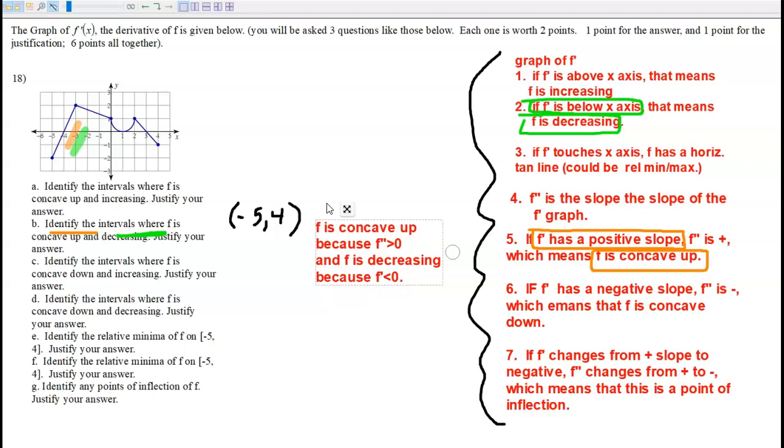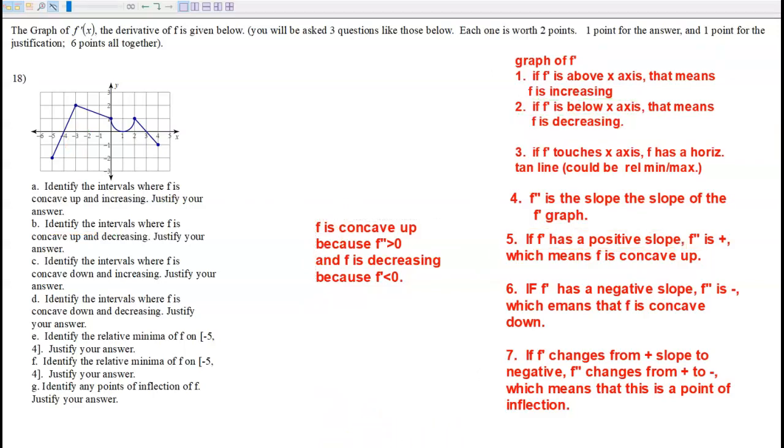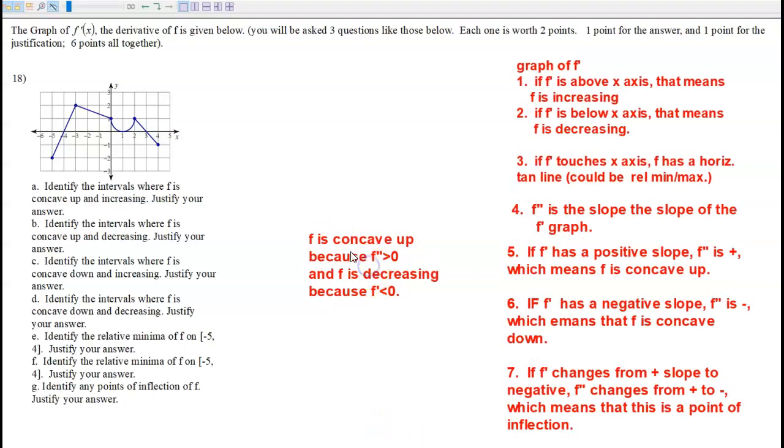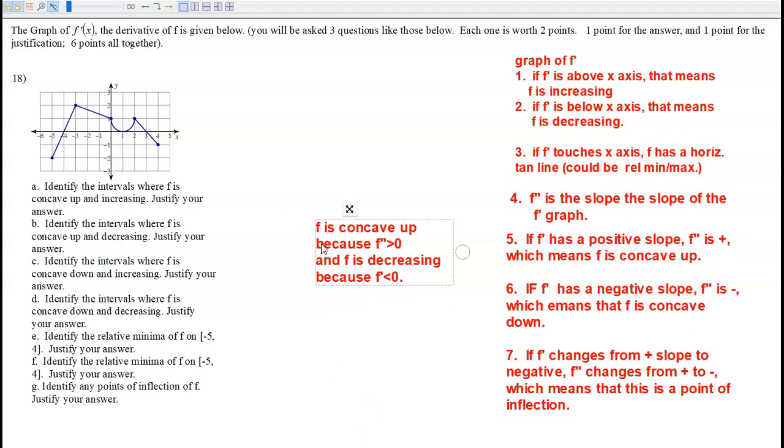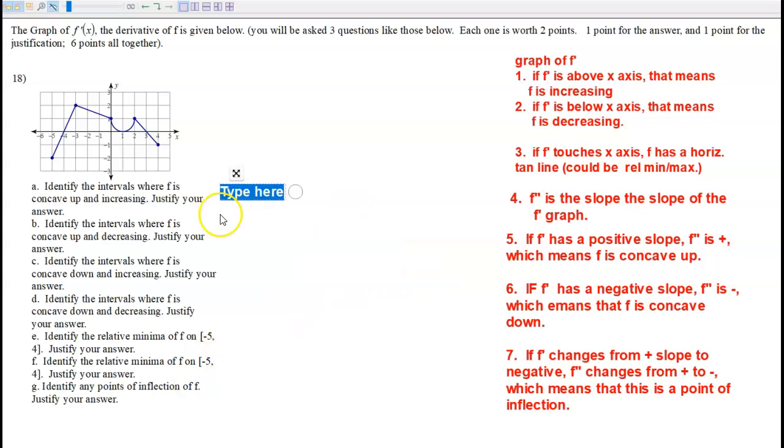Okay. So if we go back now to part A, I'm going to delete this if it'll let me. So I'm going to go back to part A now and put the rest of my answer. We said it was concave up and increasing on the following intervals.